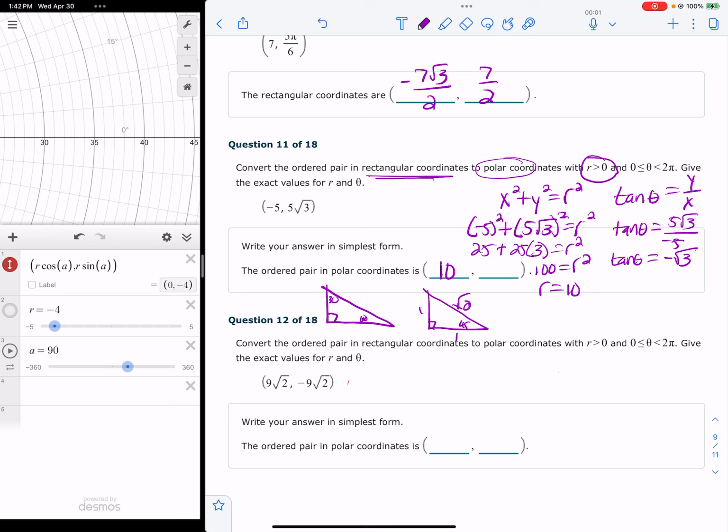But if I'm looking for something that has an opposite that's the square root of 3, then I would go down to here. 60's opposite is square root of 3. So we want the tangent to be square root of 3 over 1. So 60 degrees is our reference angle. So theta is 60 degrees, or pi over 3.